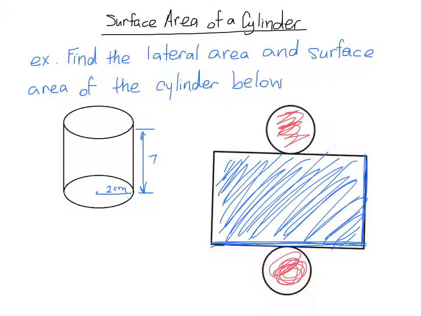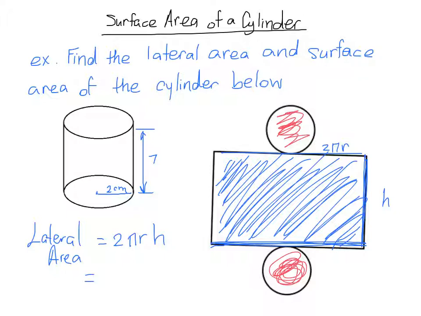So in order to find the lateral area, we have to multiply the circumference of my original circle, which is 2 pi r, by the height of the cylinder. So that is 2 pi r, that's the base of my rectangle, by height. And that will give us the lateral area.